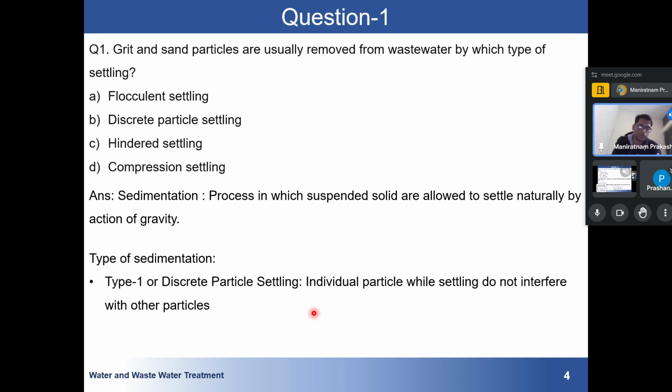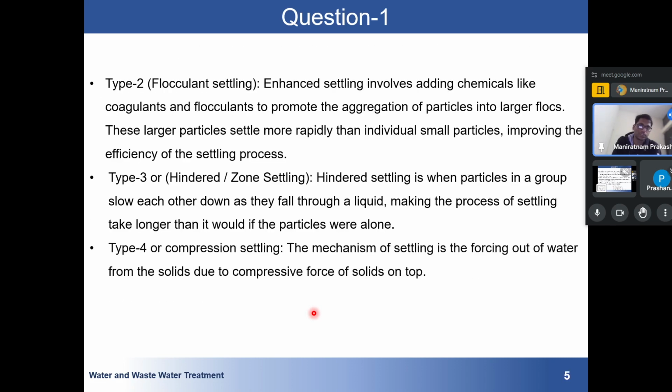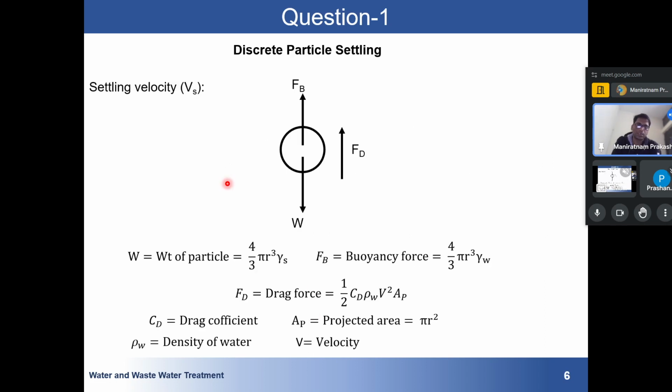Before going to the next question, I want to discuss something related to discrete particle settling. If you have paid attention to the discussion, I said that each particle will settle on its own. Other particles won't hinder it or interfere in its settling.